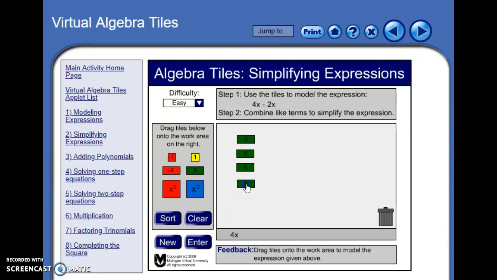All right. It says minus 2x. So remember what I said. We're going to look at the sign that's in front of the 2 and it's negative, which is the same thing as minus. So I'm going to drag over 2 of my negative x's. And as you can see, it represents this. Okay. Now my step 2 is to combine like terms to simplify the expression.